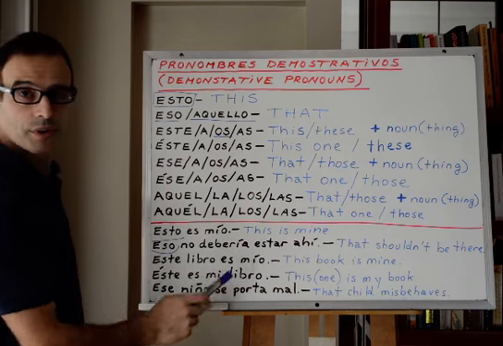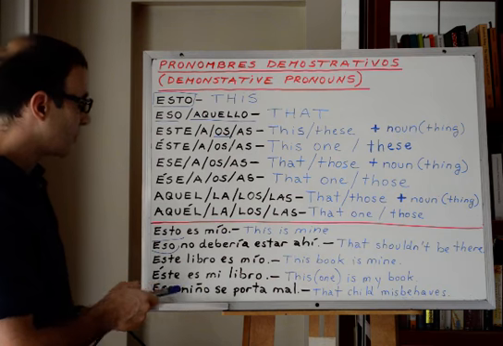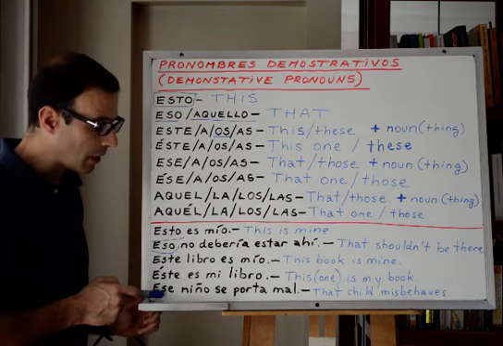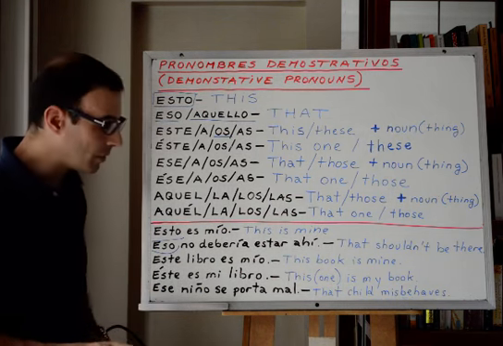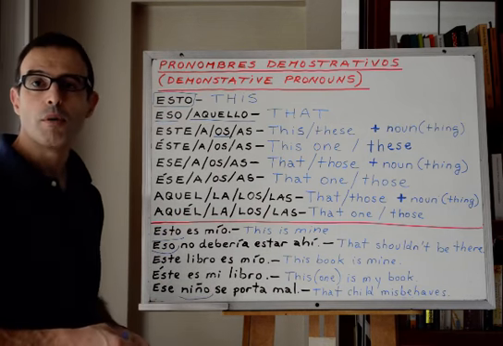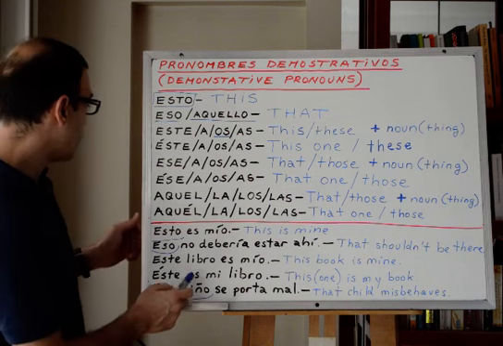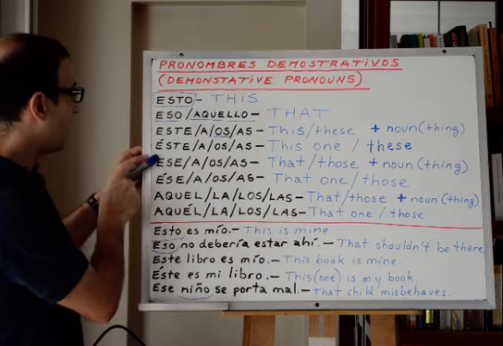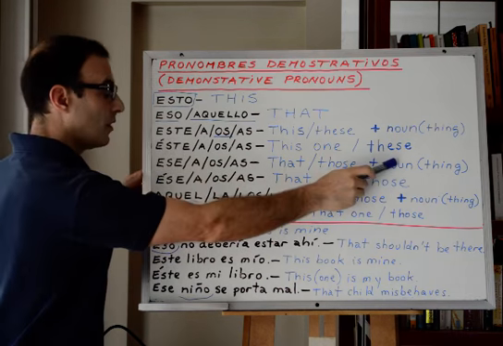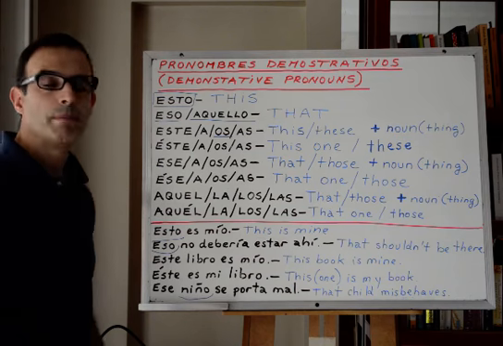And the last one, ese niño, you can see that the demonstrative pronoun is followed by the noun, niño, which means either child or boy. Okay? Ese niño se porta mal, misbehaves.